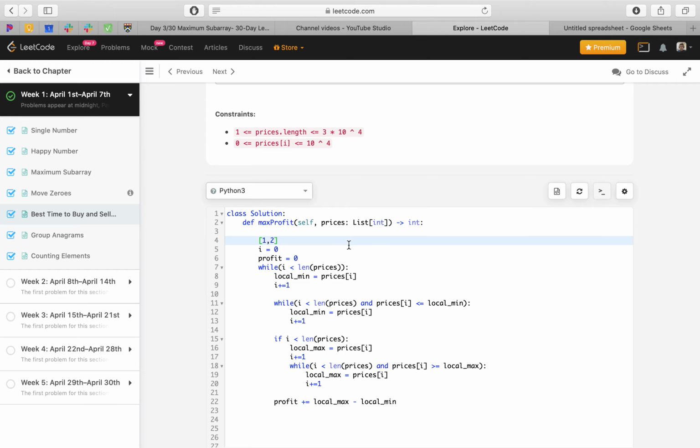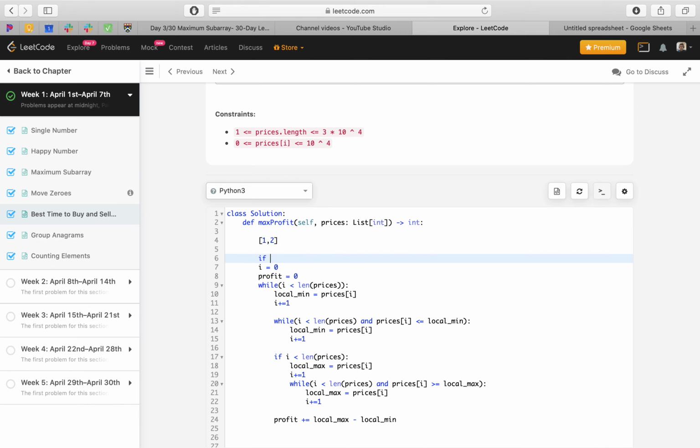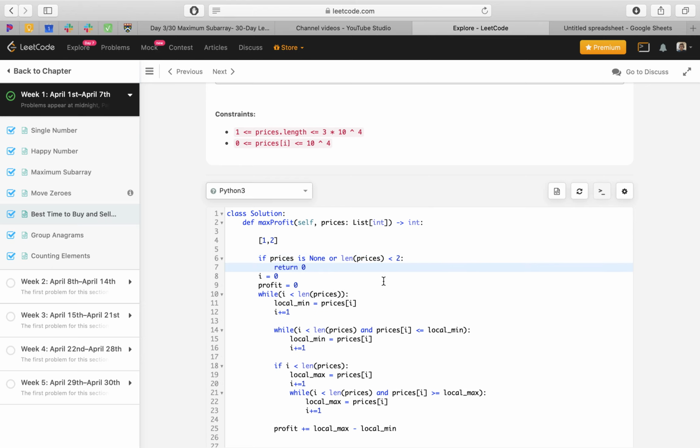But in the case that it has only 1 stock, we want to handle that case: if the length of prices is less than 2, return 0.